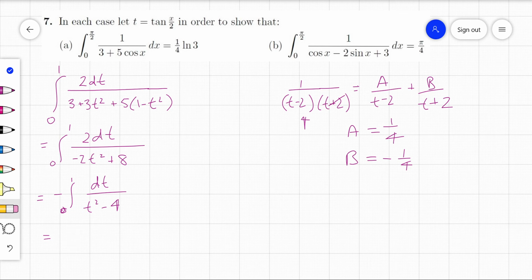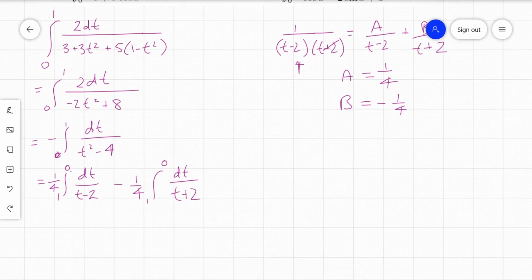So what I could do is change my limits to 1 to 0, and then I don't have to worry that I've used that negative up. So let me try again. A is a quarter, so I will end up with dt on t minus 2, and B is negative a quarter, so negative a quarter dt on t plus 2.